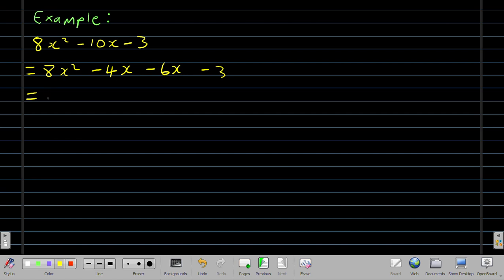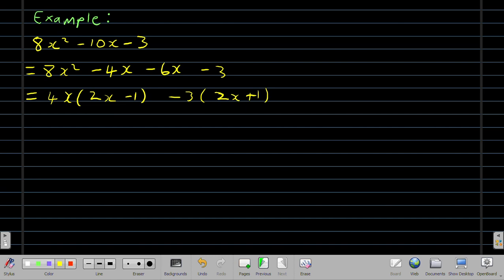So here I can already take out 4x, right? Then I'm going to be left with 2x minus 1. And on this side, I'm going to take out minus 3, and I'm going to be left with 2x plus 1.